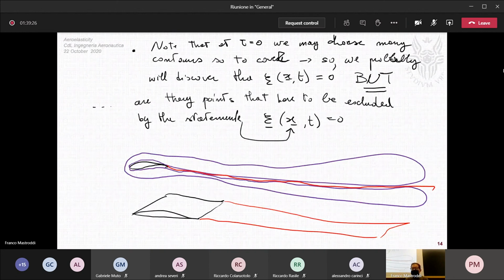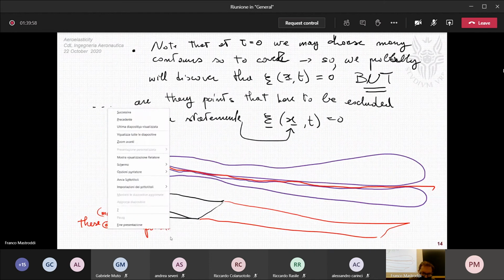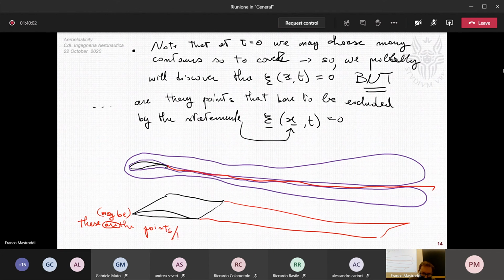The geometric points, these are the points, maybe not, the positions of material particles leaving the trailing edge.